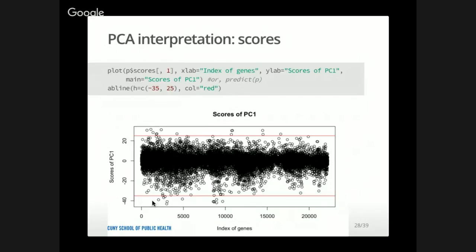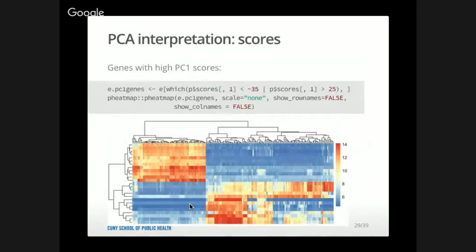So these negative ones have a much stronger contribution to PC1. Which of these blocks looks like it should contribute more to PC1, this one variable that helps define a pattern of a whole bunch of genes? So which ones are these, positive or negative scores?